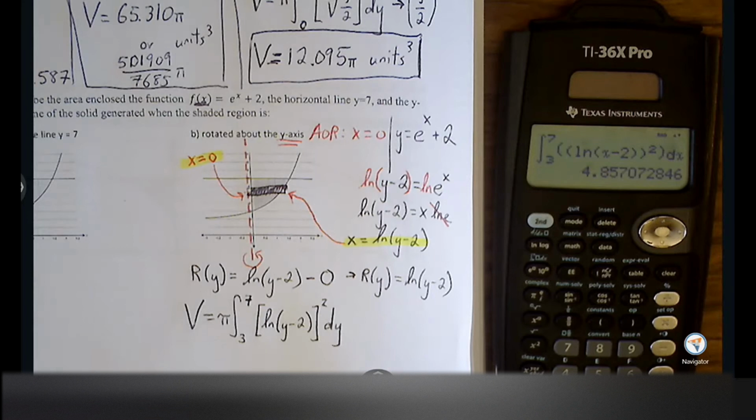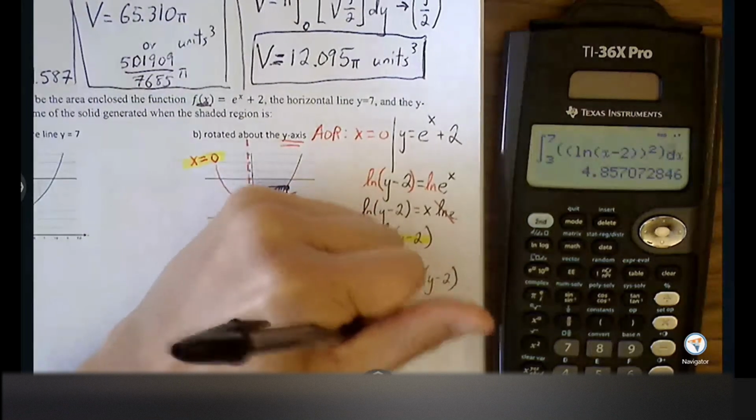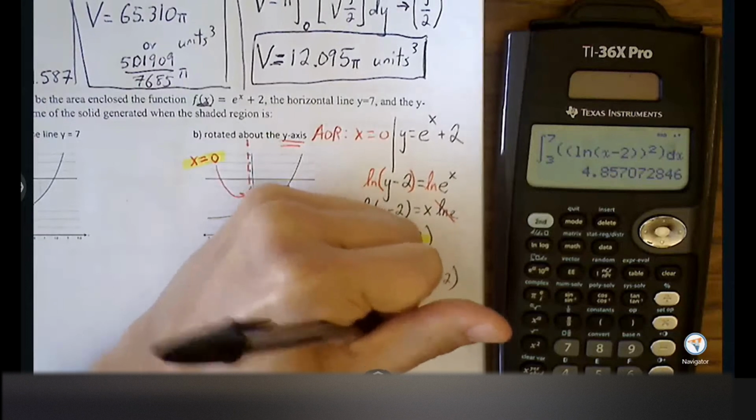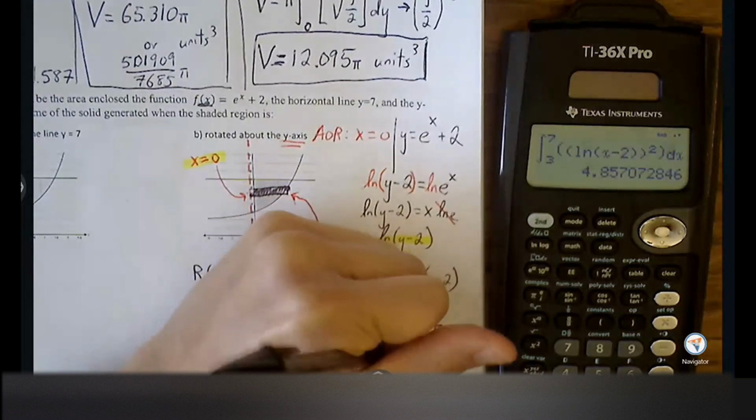Okay, 4.857 is what you should have gotten. Don't forget pi, and then units cubed because we're dealing with volume.